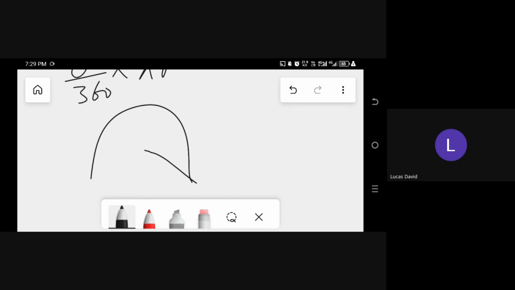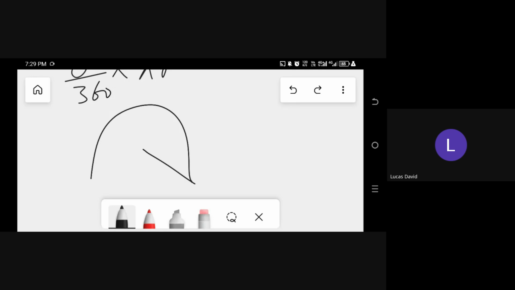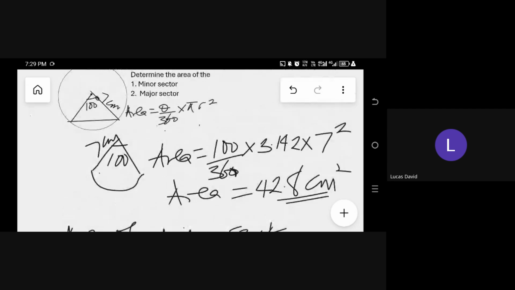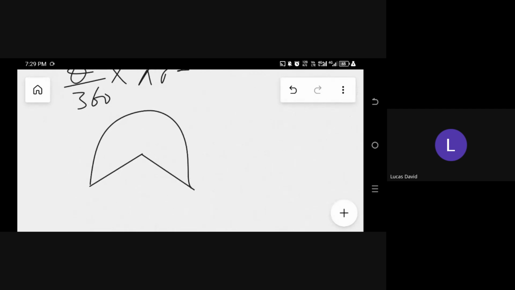This isn't drawn to scale. Now look at this. We only have the radius there. The radius is still 7, because this straight line here would be the radius. So the radius is still 7 centimeters.